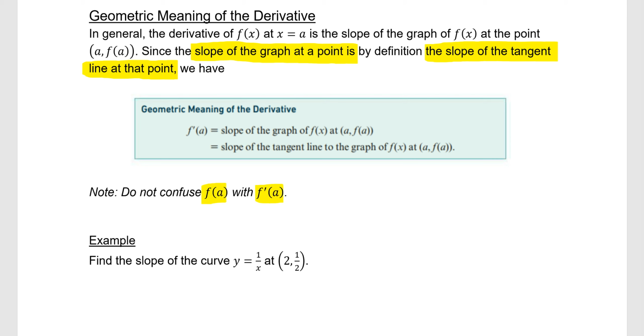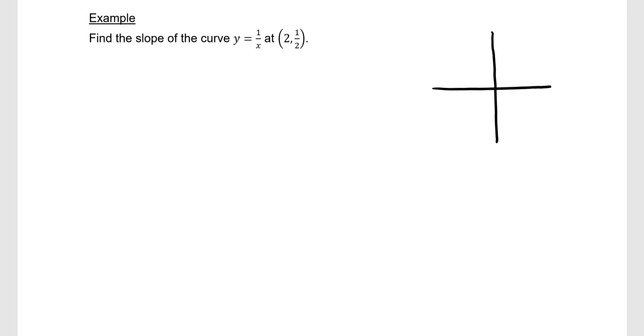For example, let's find the slope of the curve y equals 1 over x at 2 comma 1/2. Let's draw a rough sketch of this curve. So we should know 1 over x is a rational function. It's called the reciprocal function. If you plug in a bunch of x's and make an xy table and graph it, it would end up looking something like this.